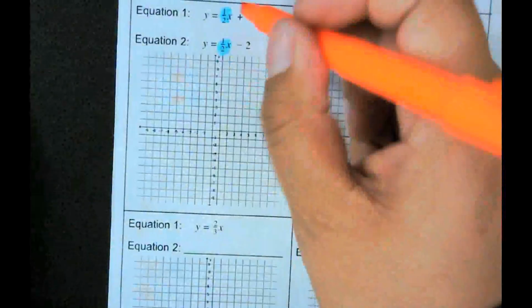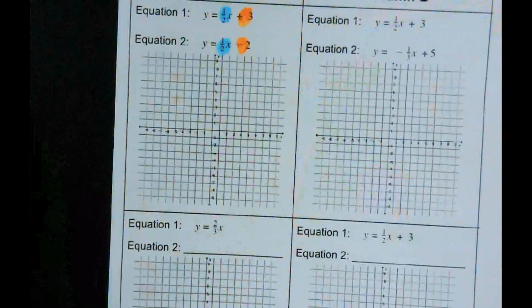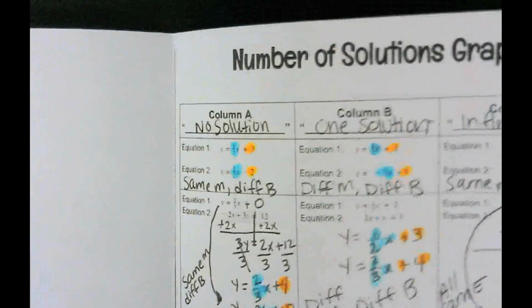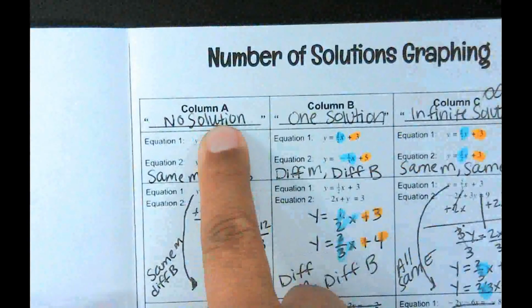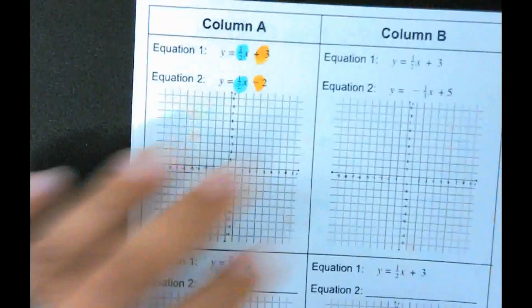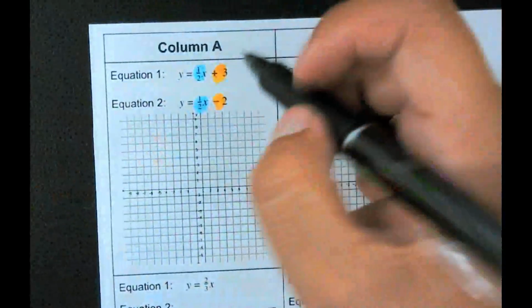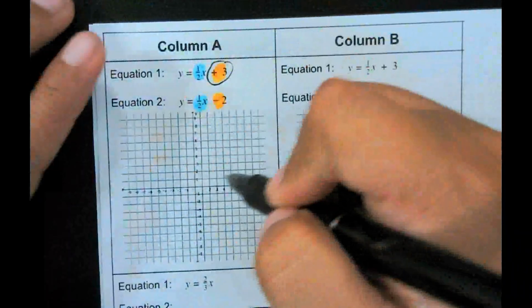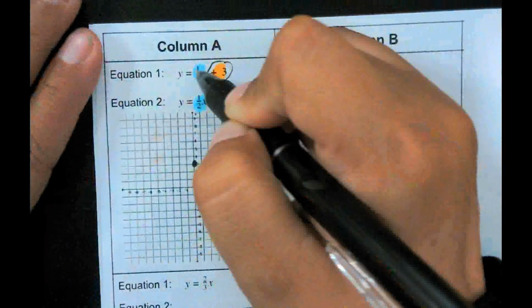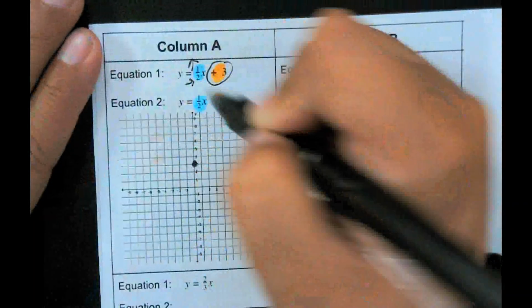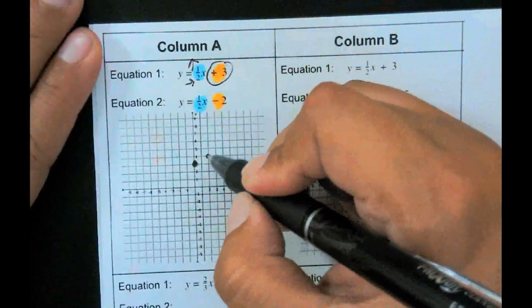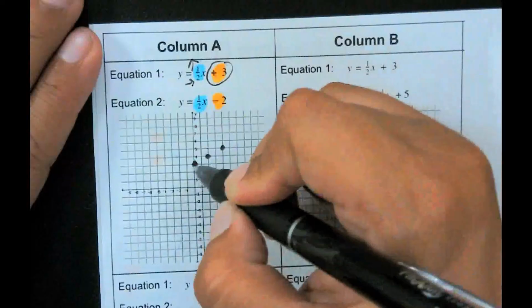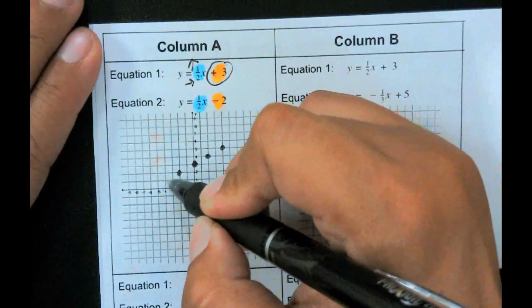I'm going to compare the b. So let's go ahead and graph. Start off by graphing this. Up 1 over 2, up 1 over 2, down 1 over 2, down 1 over 2 again.